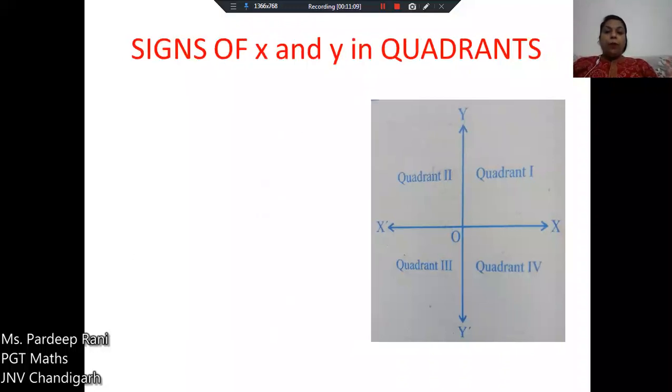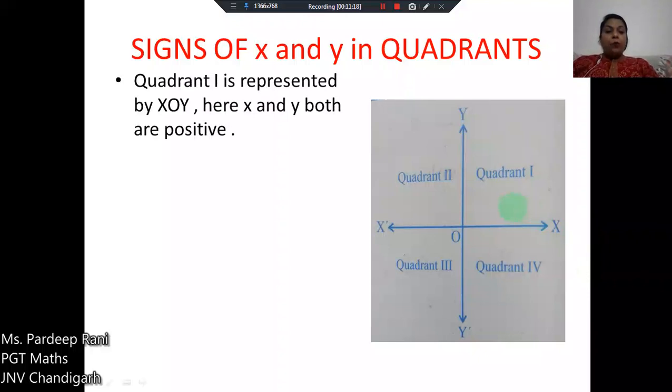Now we come to know about the signs of x and y in different quadrants. Dear students, as you are observing, quadrant 1, which I am pointing out here, is named XOY, and in this quadrant x and y both are positive.